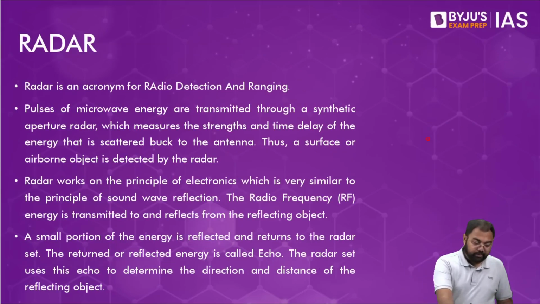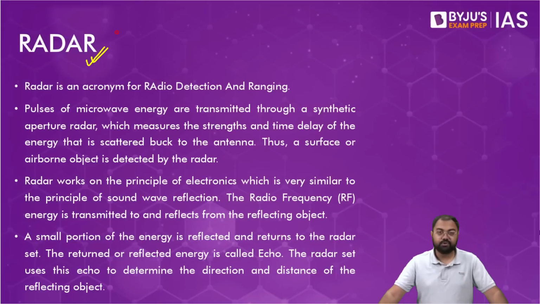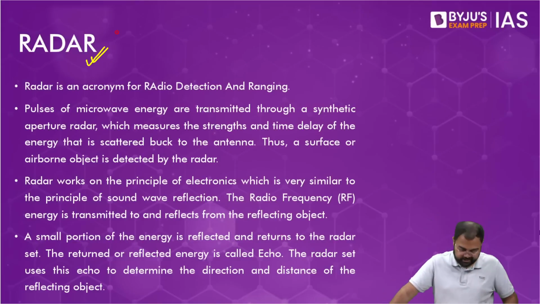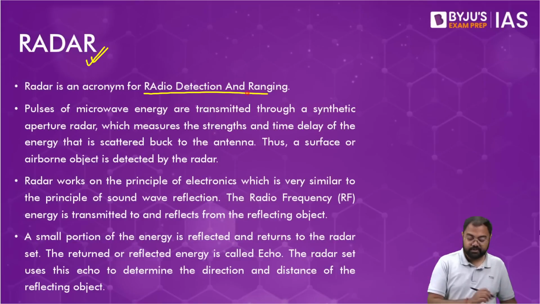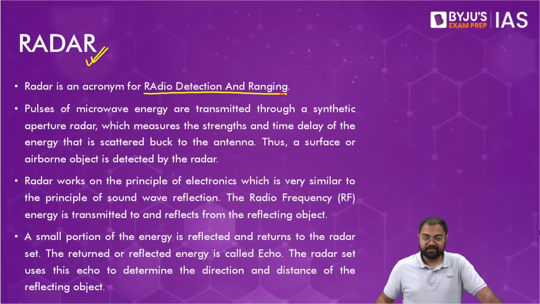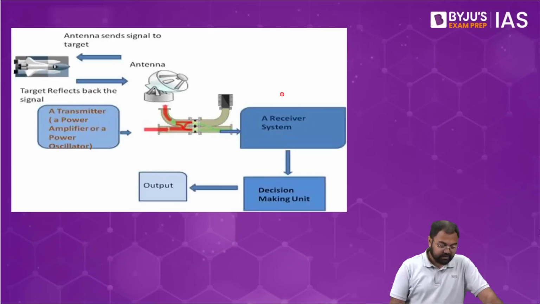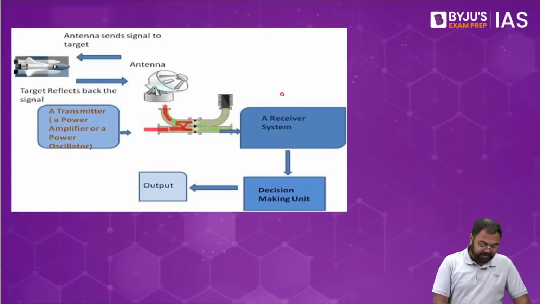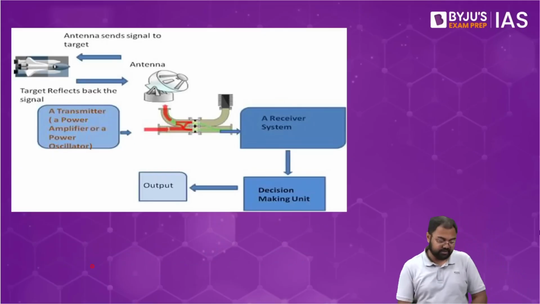Then one more thing that has been in the news on and off is Indian radars. In case of radar, we know that it is an acronym for radio detection and ranging. But when it comes to radars, just understand the basics of how a radar system works. Just understand this diagram, it will make it easier for you.